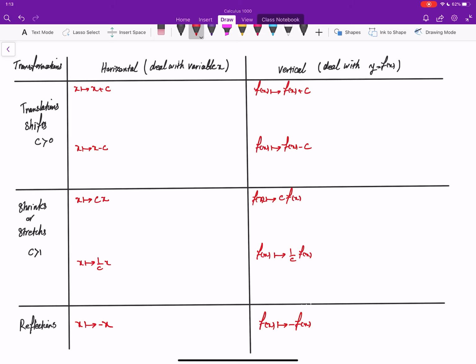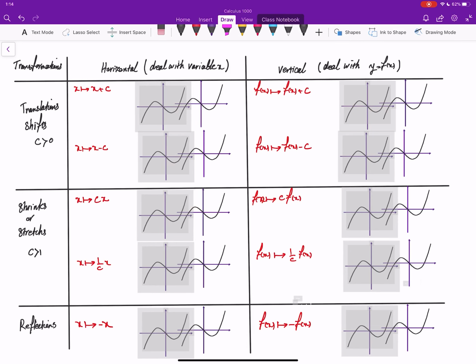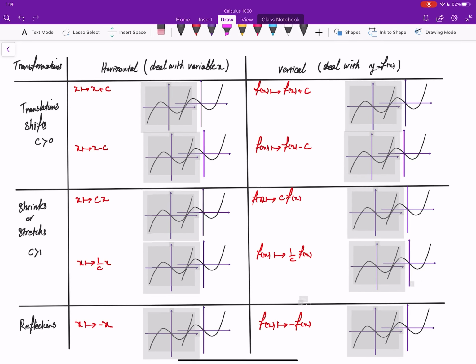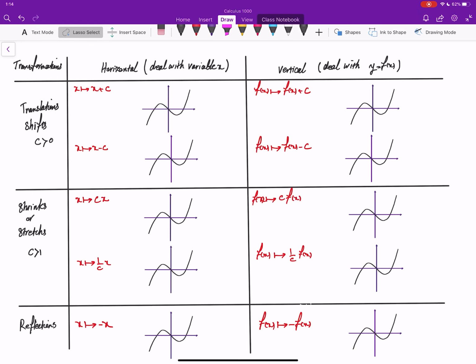Very nice. So having all these things, now we are ready to see what we can do. I have prepared some graphs here which will help us to see the effect of these transformations on the graph of the function. Okay, so if we switch x to x plus c, we have first of all a horizontal shift.